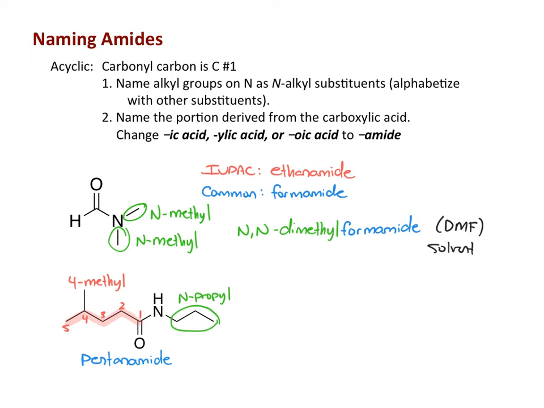Would be pentanamide. So now take your 2 substituents and alphabetize them. Methyl comes before propyl alphabetically. So we do 4-methyl, N-propyl, and the N tells us it's on the nitrogen, and then the parent, pentanamide.